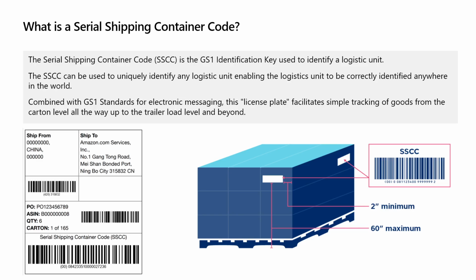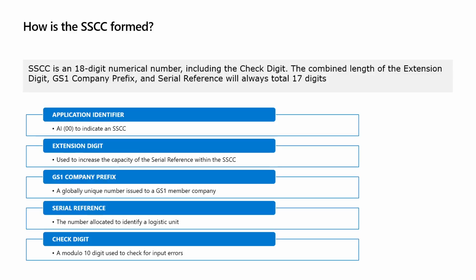The SSCC is an 18 digits that combined of several parts. The SSCC could start by an application identifier 00 to indicate that this is an SSCC. Then we have extension digit of 1 digit that is used to increase the capacity of the serial reference, and it could be used to determine the logistic unit type, like whether it's case or pallet.